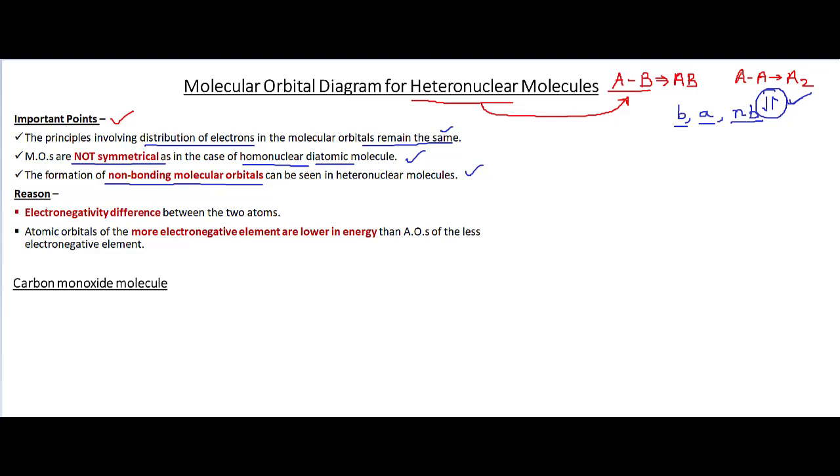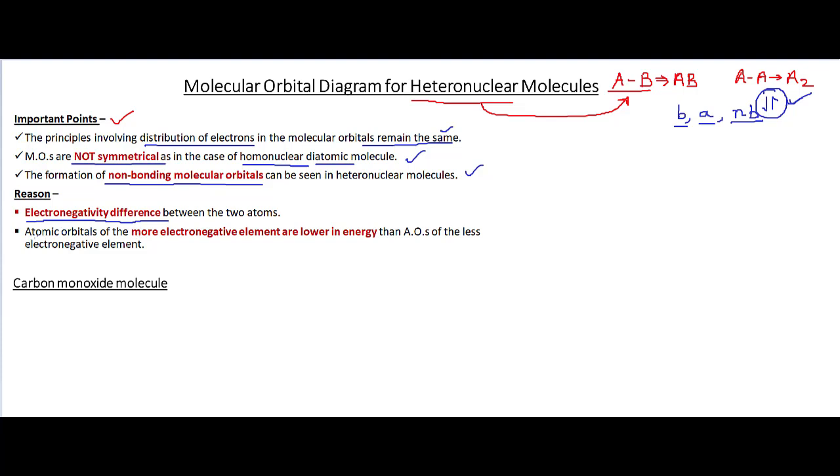We have two atoms, so obviously there will be an electronegativity difference between the two atoms. One atom will be more electronegative, the other less electronegative. All these differences are because of the electronegativity difference between the two atoms. Different atoms, different electronegativities.